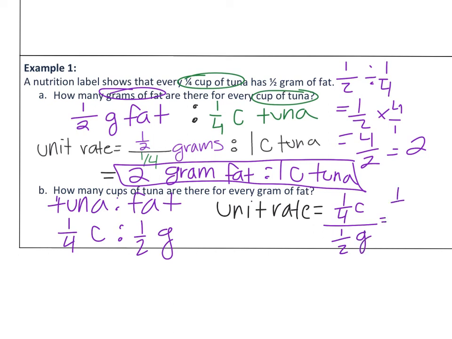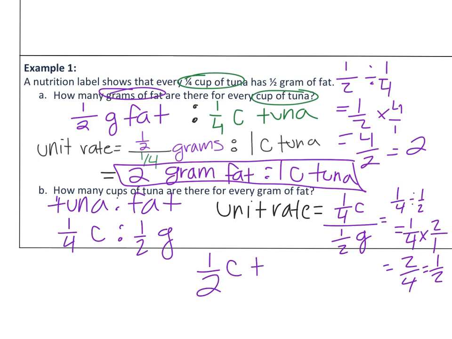Okay, that gives me 1/4 divided by 1/2, which I keep, switch, flip, gives me 2/4. If I divide those by 2, it's 1/2. So it's 1/2 cup of tuna to 1 gram of fat. Okay?